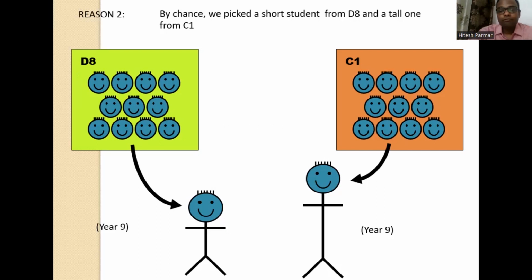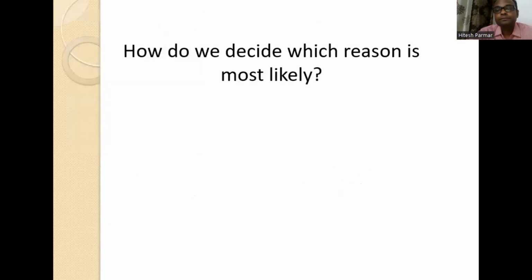Right. So when we find a significant difference, how do we ensure whether it is because of reason number one or reason number two?